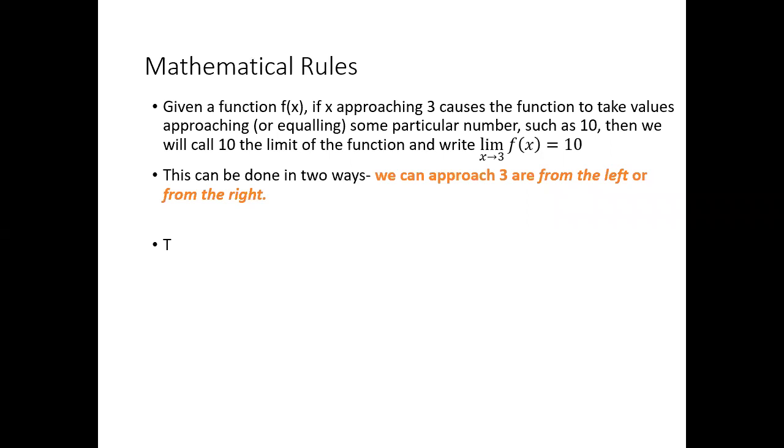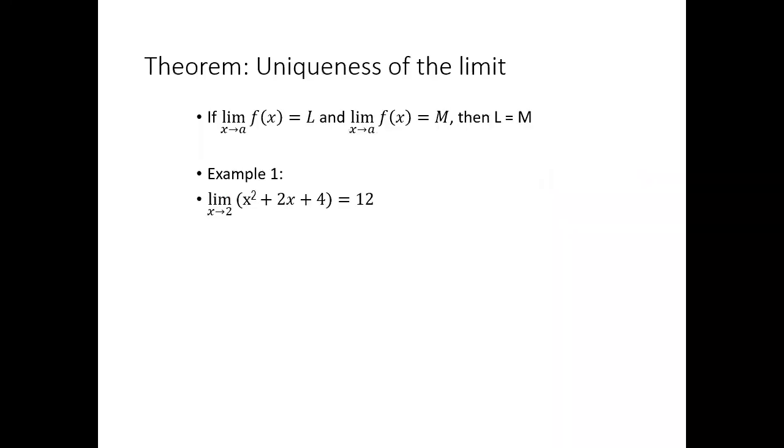Now I'm going to save this one. I think I've hit on that point where we can evaluate the function from the left or from the right. Good. The next thing we want to look at is the concept of the uniqueness of the limit.